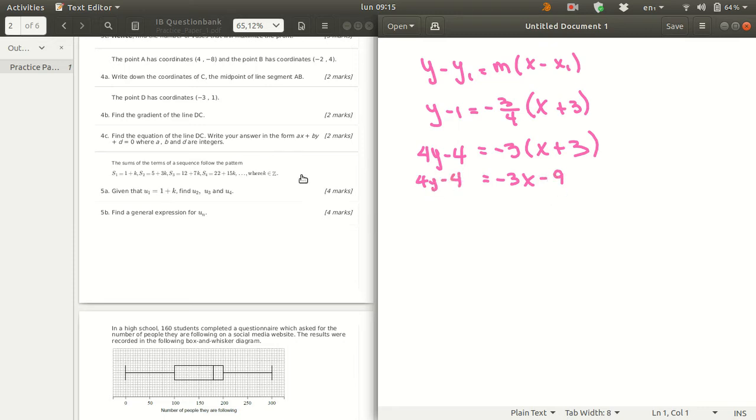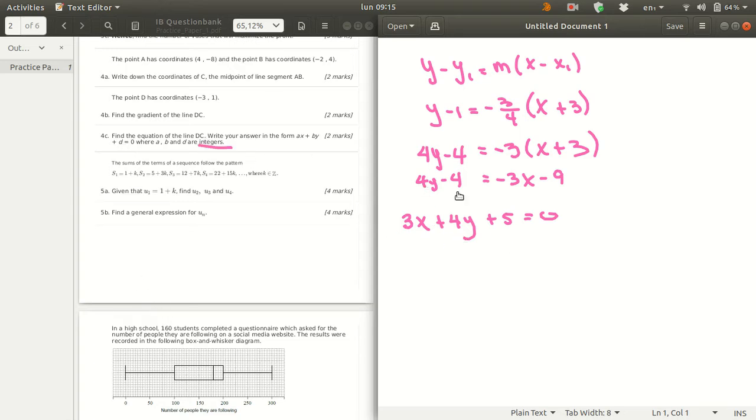So now let's bring everything to this side. So I have positive 3x plus 4y, and -9 plus -4 plus 9 would be plus 5 is equal to 0. Okay, notice that a, b, and d are integers. They need to be integers.